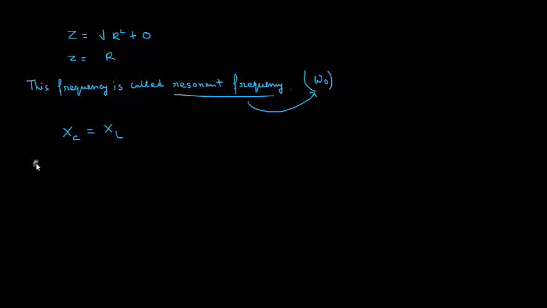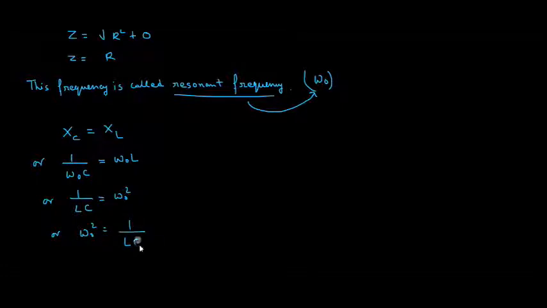Xc's value is 1 by omega naught C, and XL's value is omega naught L. Therefore, 1 upon LC, and this omega naught goes this side, L comes this side in the numerator, so we get omega naught square is equal to 1 upon LC.